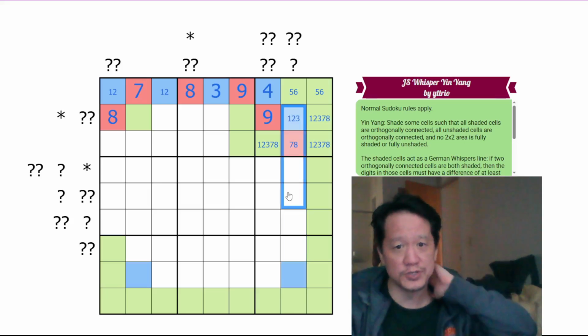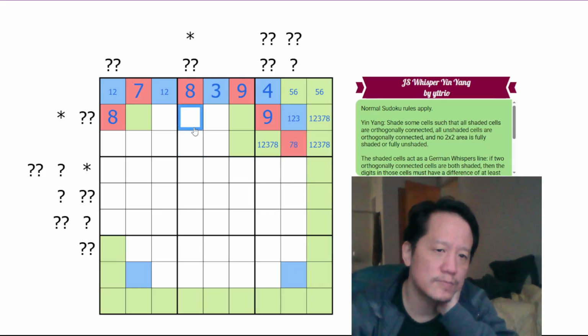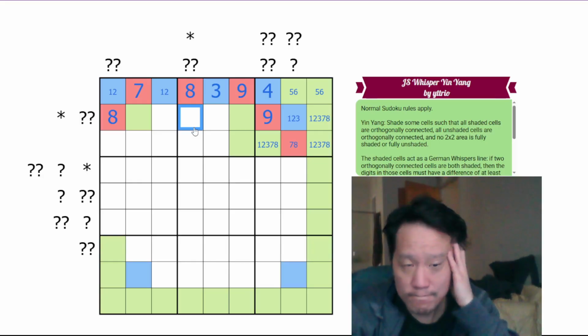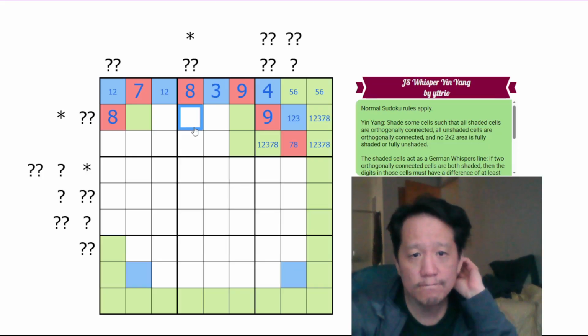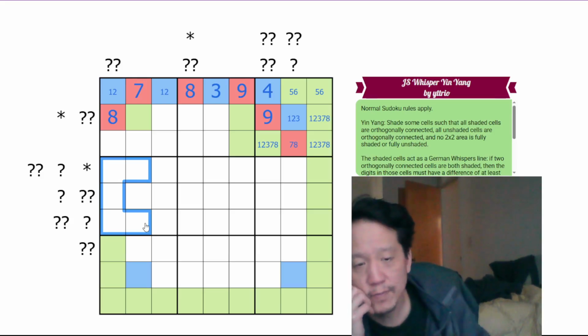But it could continue this way, so we don't know. This is a two-digit number. That works because 9 and X is fine. You could have blue, blue, blue. That is possible.